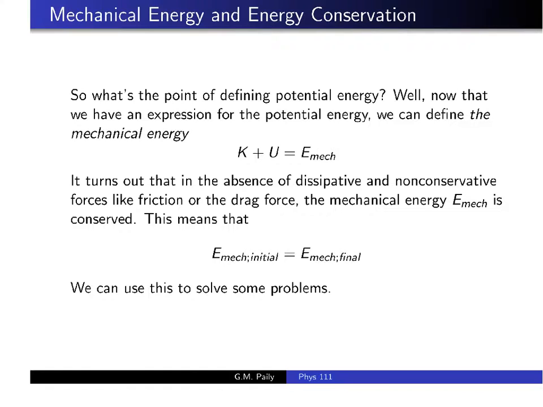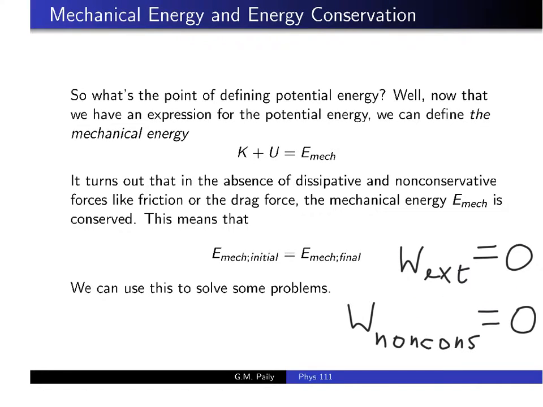So, for an isolated system, where isolated tells us that there is no external force doing work on the system, and where we have no non-conservative forces doing work, so no friction or drag force doing work, in such a scenario, the mechanical energy is conserved, which means the initial mechanical energy is equal to the final mechanical energy.